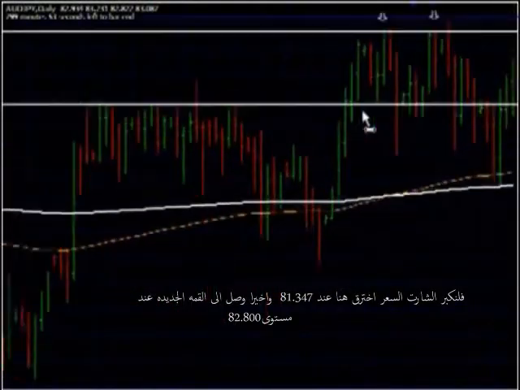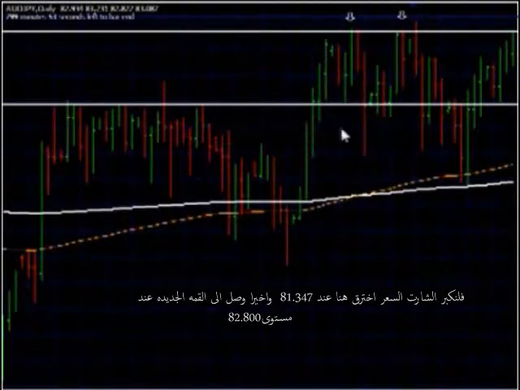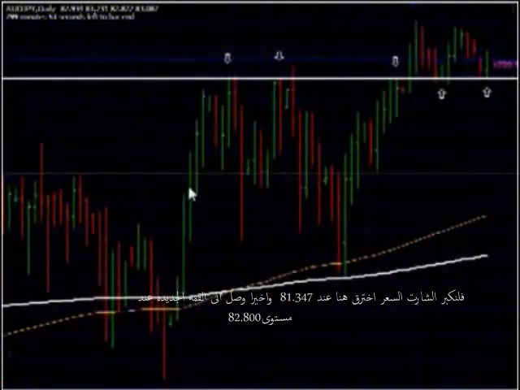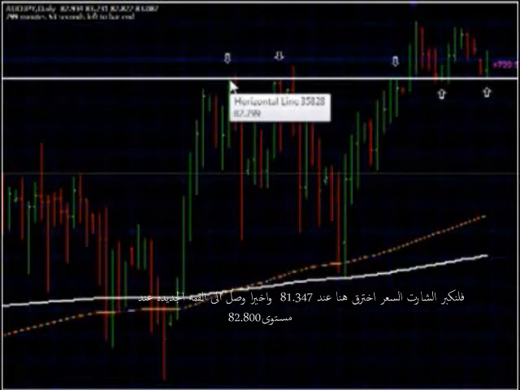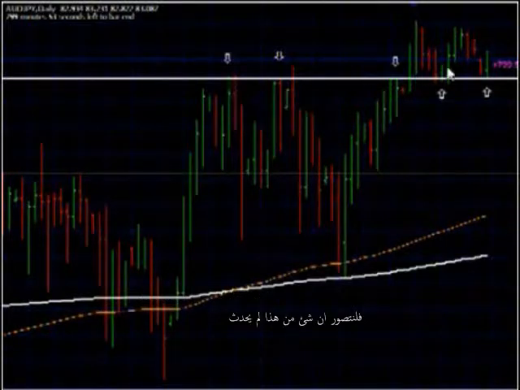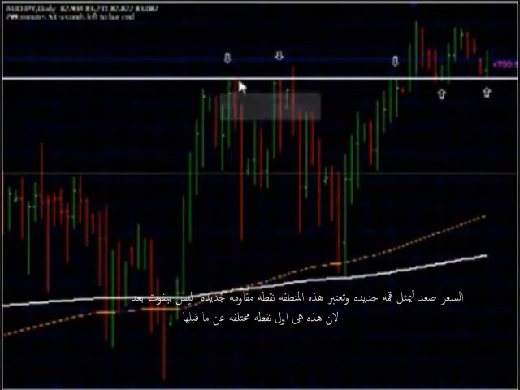Price broke up the 81.35 price pivot, and eventually it reached a new high at the 82.800 level. Imagine if none of this happened initially, price moves up to this area to form a new high.